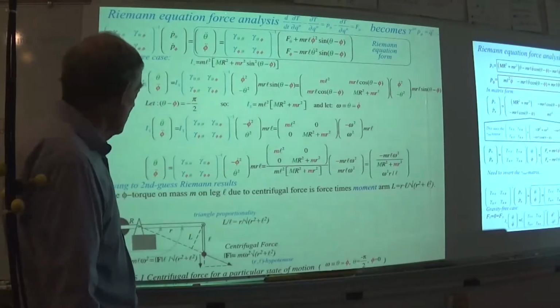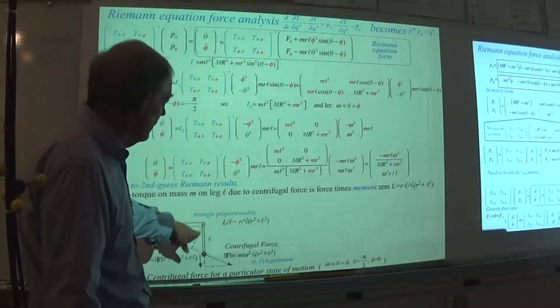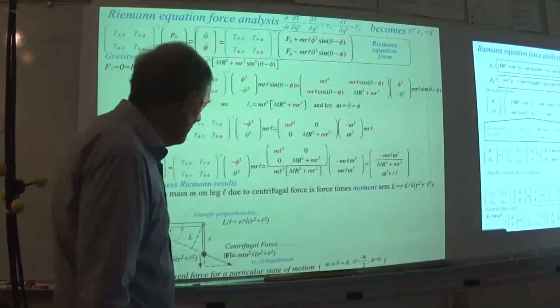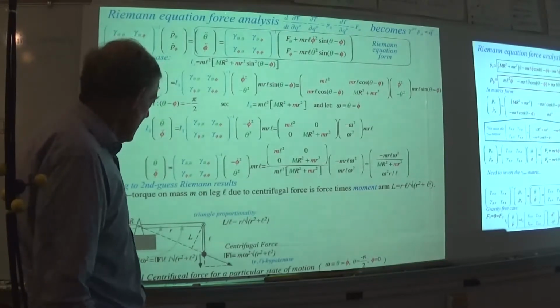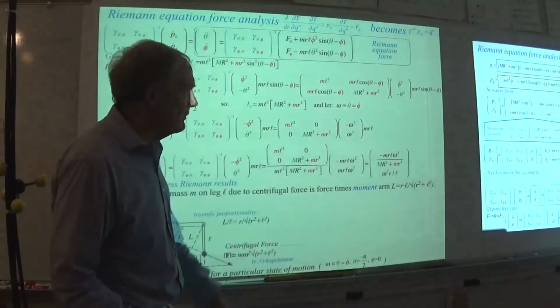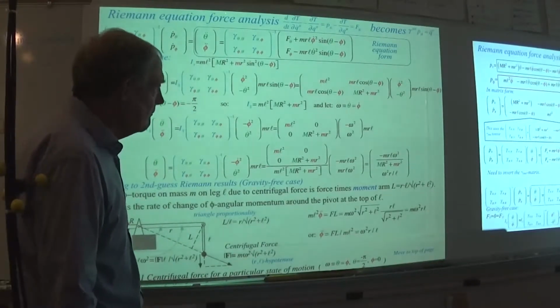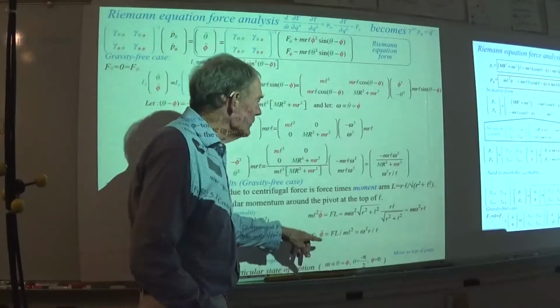And the idea is this mass that's on leg L here, that's the thing that has this moment arm. The actual moment arm is this, so you do a little geometry to get that, and hope that maybe you could get what this would be, and that's not too far.